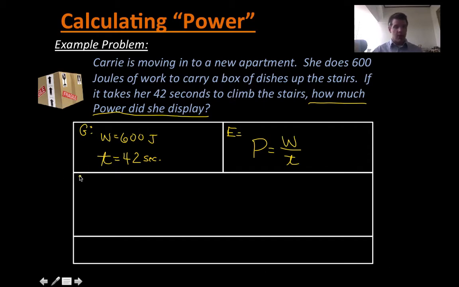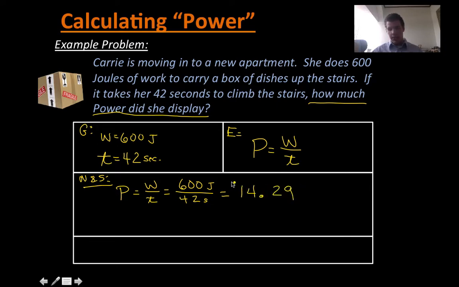As far as our work and solution goes, we're now going to rewrite our power equation. So power equals work divided by time. And then we can replace the work term with the work we got, 600 joules, divided by our time of 42 seconds. So when we calculate that out, we get 14.29 joules divided by seconds.